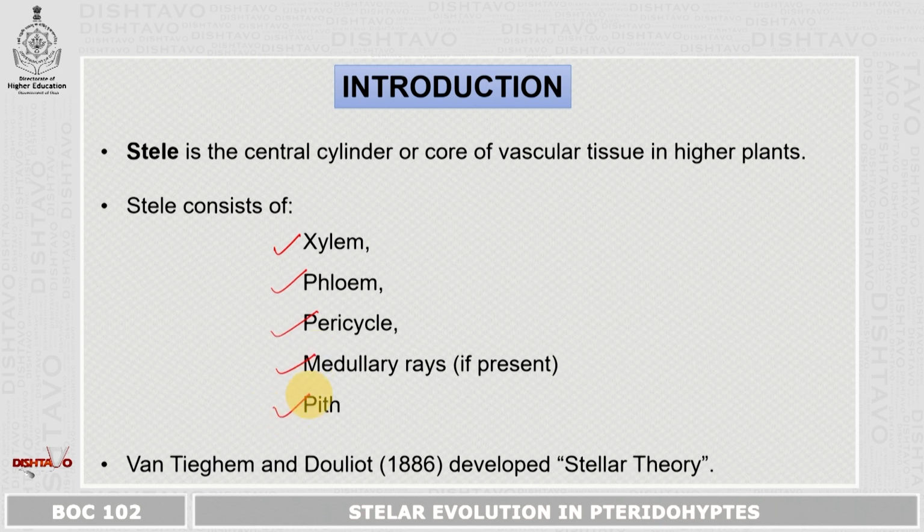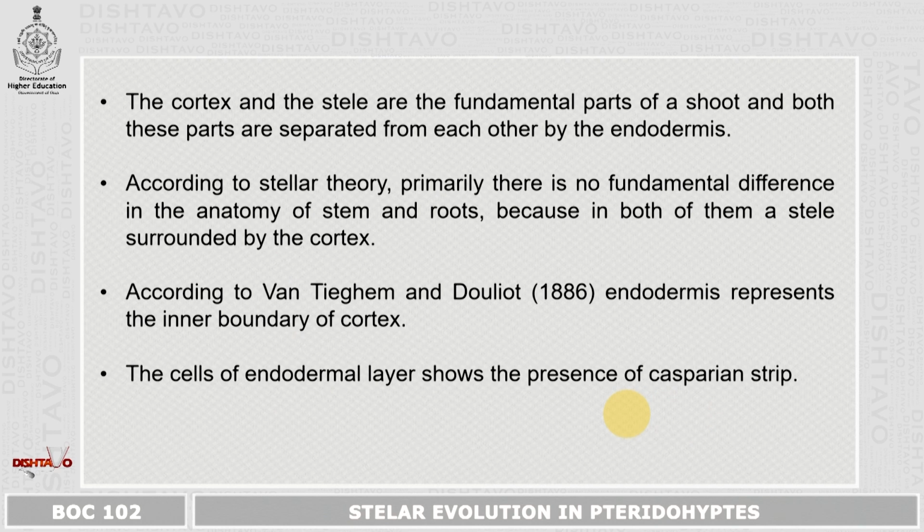When Van Tieghem and Douliot developed the stellar theory, the cortex and the stele are the fundamental parts of a shoot, and both these parts are separated from each other by a structure, that is the endodermis.